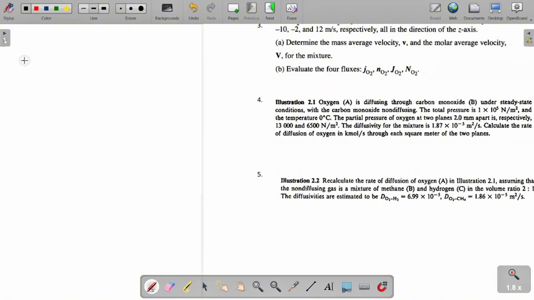So if I want to get that one, it becomes the DA in terms of the mixture becomes 1 divided by, so we have YB, right, divided by the DAB, plus the YC, which is for the hydrogen, also divided by DAC. So this is the DAB, A in methane, then A in the hydrogen, right? But we need to get YB prime and YC prime, right?